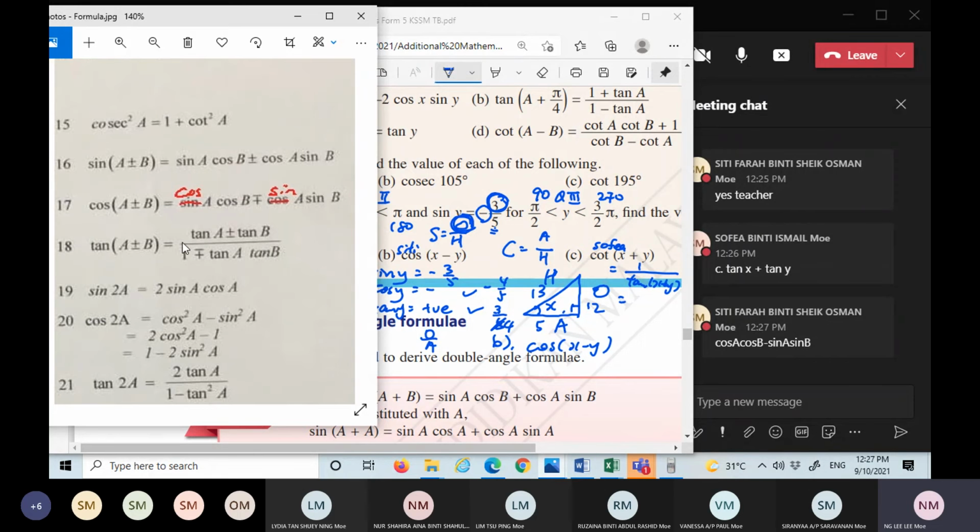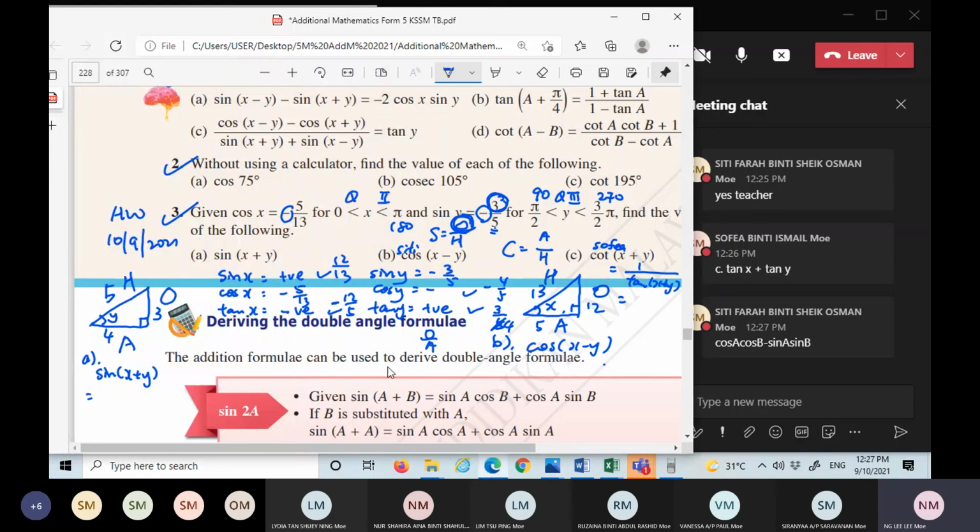Okay, for minus, you look at the sign at the bottom, should be plus. Okay, the rest is correct. Okay, so this one is equal to cos x cos y plus sine x sine y. Don't write A and B, here is x and y.